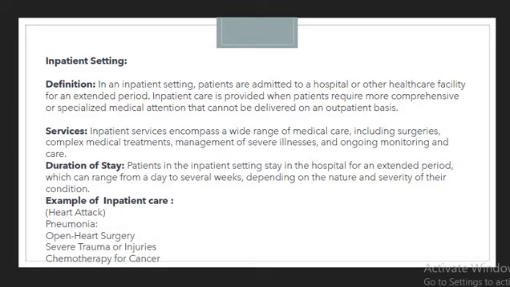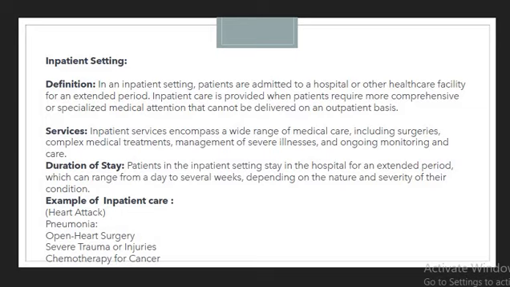Here it is mentioned, in an inpatient setting, patients are admitted to a hospital or other healthcare facility for an extended period. Why? Because in this case, diseases are major. There are major issues. So to resolve the major issues, what is the need? The need is to admit the patient in a hospital or other healthcare facility for an extended period.